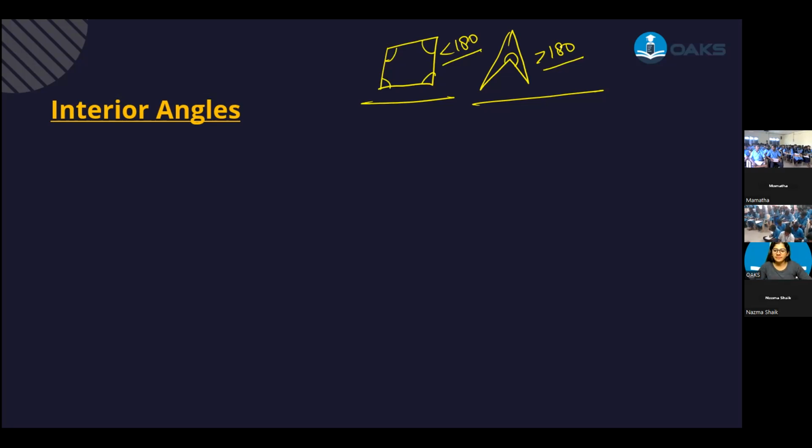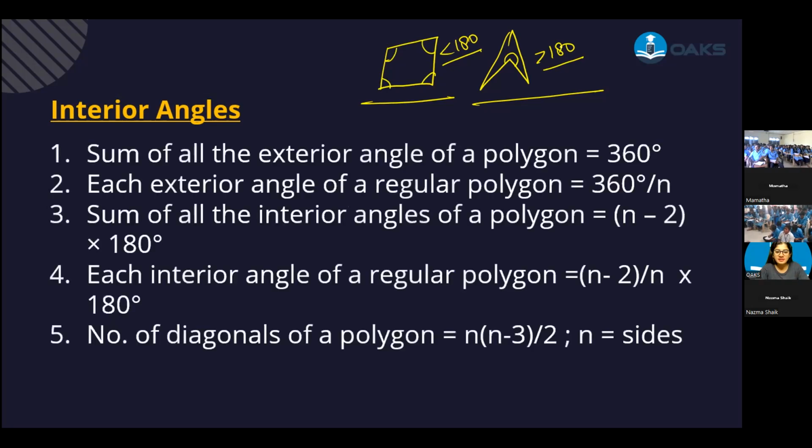Okay. So time for some questions. I have some formulas based on interior angles. You have to apply those formulas to find out the correct answer. So what we are having here is, sum of all the exterior angles of a polygon is equal to 360 degree.